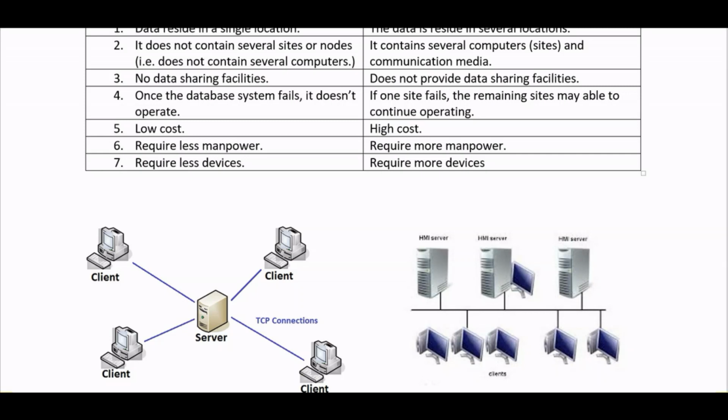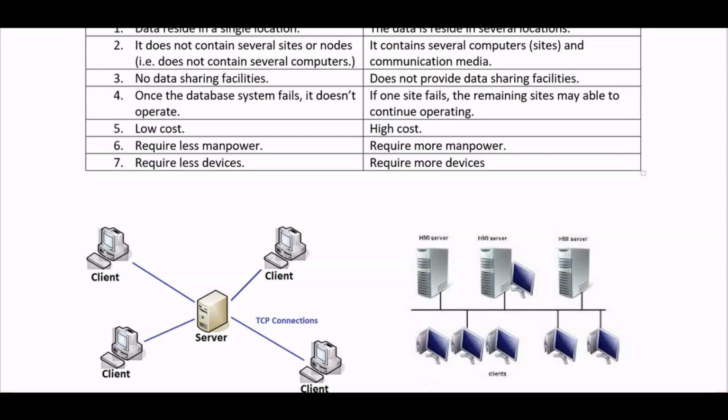If this device fails, then no one can get the data from the database. But in the decentralized database, the data is stored in multiple servers and accessed by their clients.